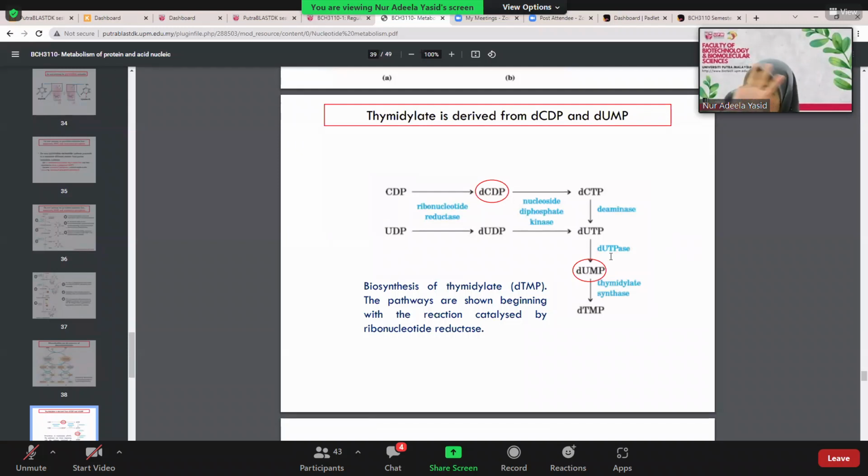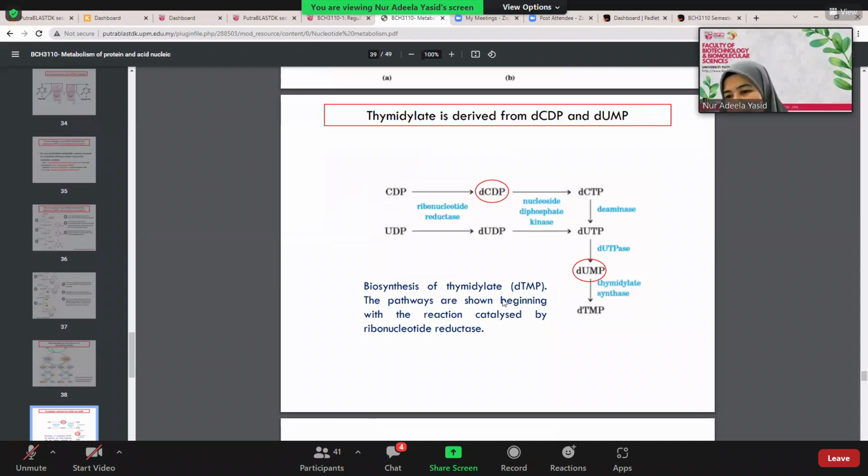Jangan tanya pula DTMP ni apa. Because we already discussed nucleotides, we have adenine, guanine, cytosine, thymidine, and also uracil dekat RNA. But for uracil and cytosine we have discussed the synthesis dalam pyrimidine tadi. But how can we synthesize thymidine?